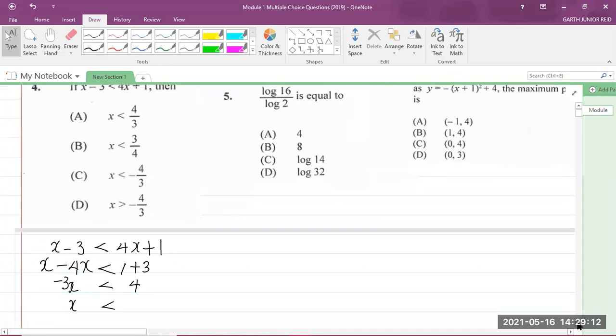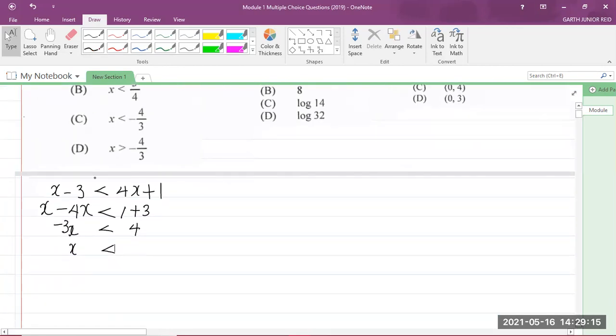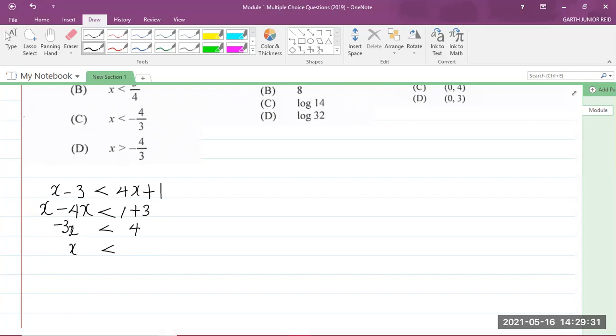Now, in order to get x, I will have to divide both sides of the inequality by negative 3. You should remember that if you divide by a negative, the inequality sign will change. So I won't have a less than sign here, I will now have a greater than sign.